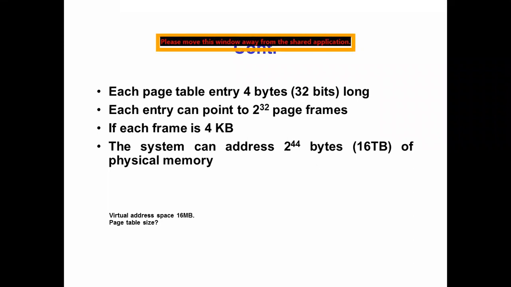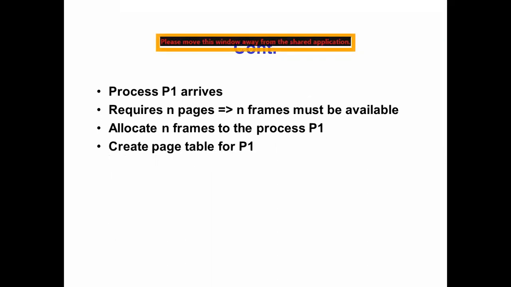We convert it into bytes, 4 into 1024. After that, we can calculate in the form of bits, and we can say it can address up to 2 to the power 44 bytes, or 16 TB of physical memory. In this form we can calculate the physical address also.